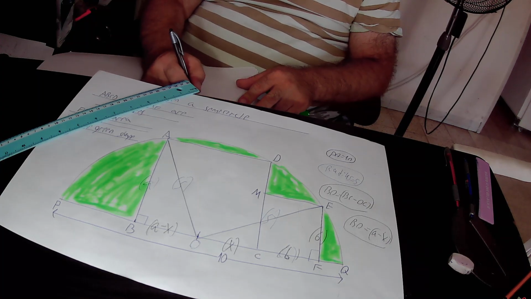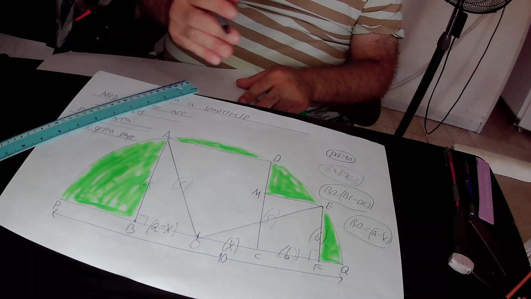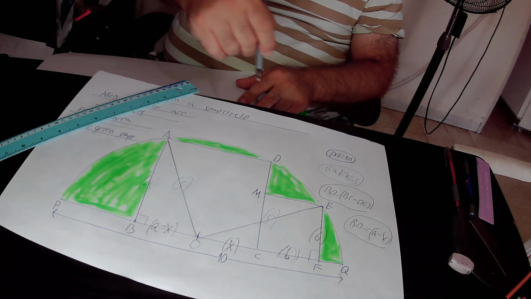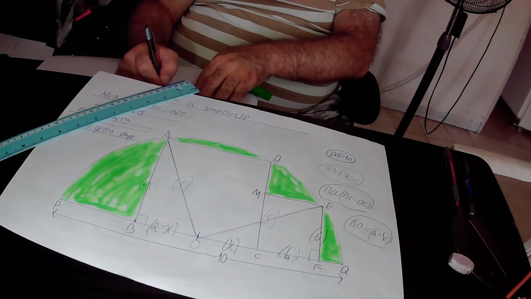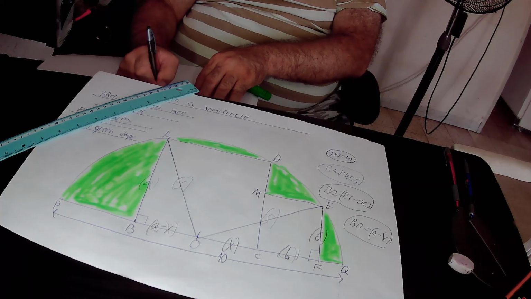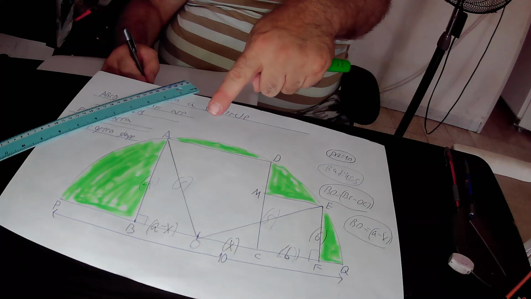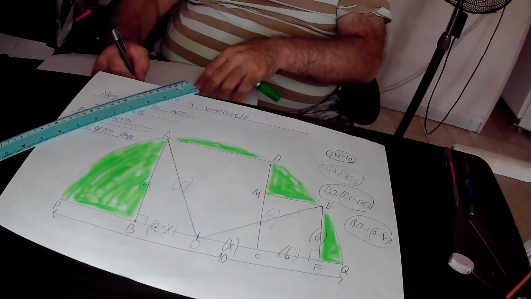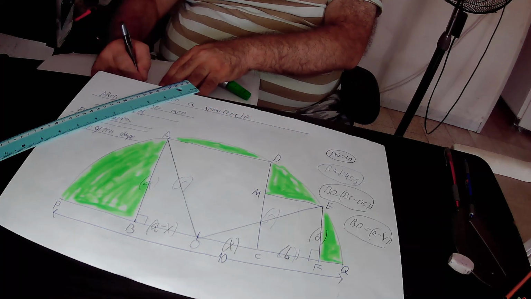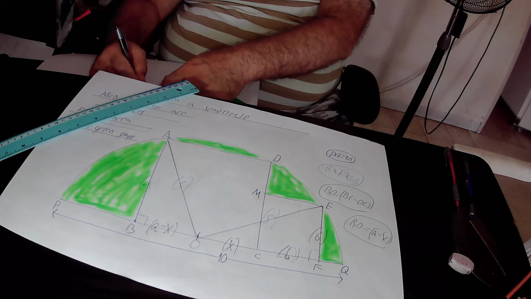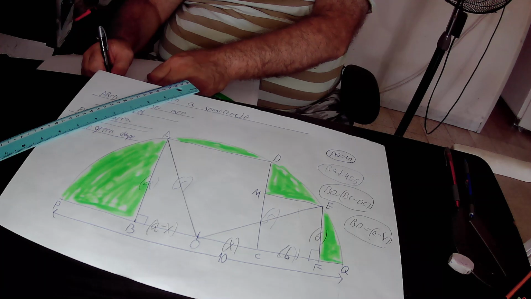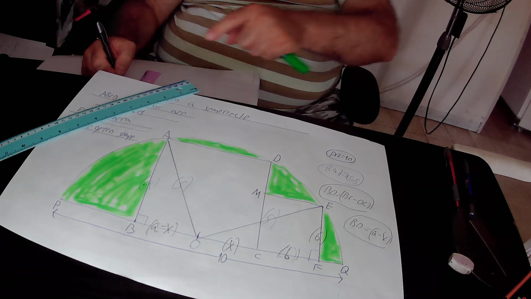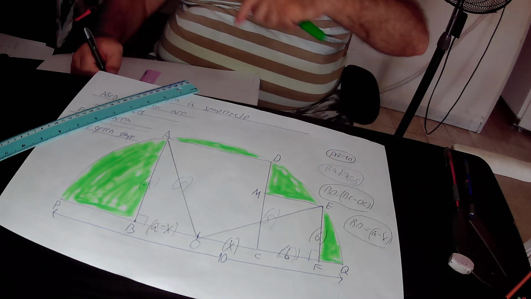It is very easy to see that the area of this green shape equals the area of the semicircle minus the area of the big square ABCD minus the area of the small square MEFC.